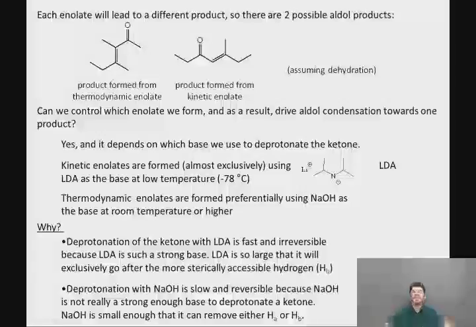Eventually, everything will come to equilibrium, but it will take a while, and that equilibrium is generally going to result in a small amount of enolate. But what NaOH has going for it is that it is a small enough base that it can remove either HA or HB.